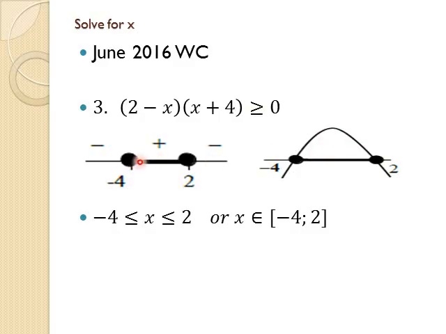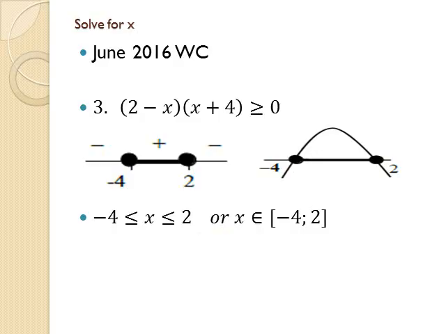So once it's in between, it's always a combined answer. So x greater or equal to negative 4, and x less or equal to 2. Again, x element of, now closed brackets, negative 4 going all the way to 2. Right, so there we're done solving that.